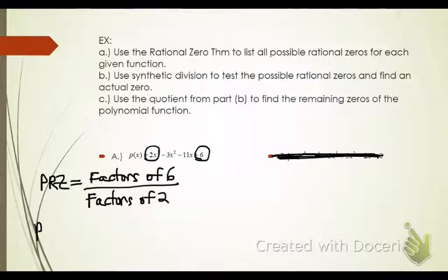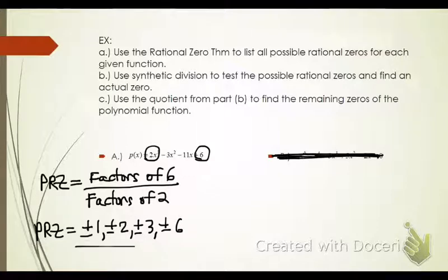So the factors of 6 are 1 and 6, or -1 and -6, 2 and 3, or -2 and -3. So we write that as plus or minus 1, plus or minus 2, plus or minus 3, and plus or minus 6. 1 times 6 is 6, but so is -1 times -6. And then the factors of 2 would be plus or minus 1 and plus or minus 2.